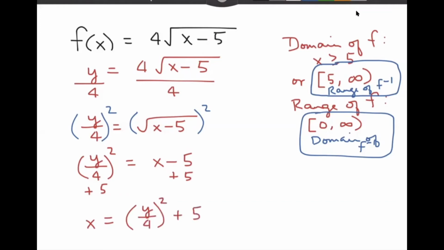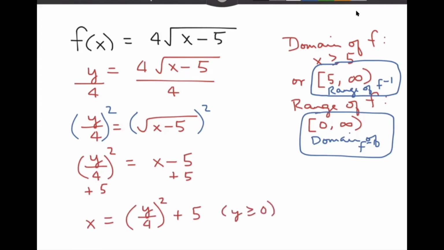All right, so we have x written as a function of y. Now remember, in the original function, y had to be at least 0. You can't get negative numbers out of a square root. So it's worth pointing out here that y is greater than or equal to 0.